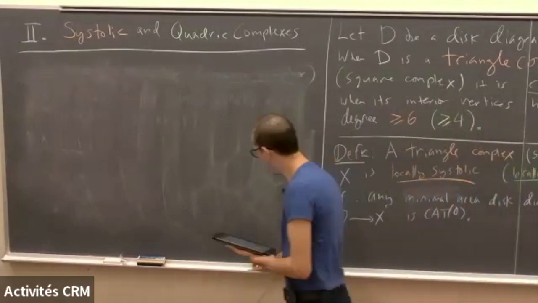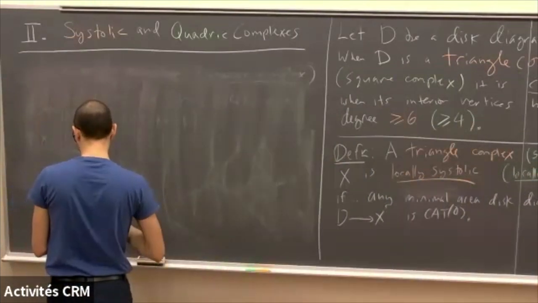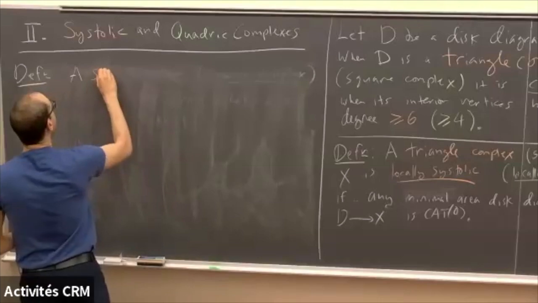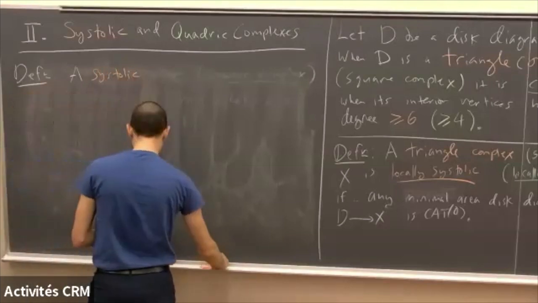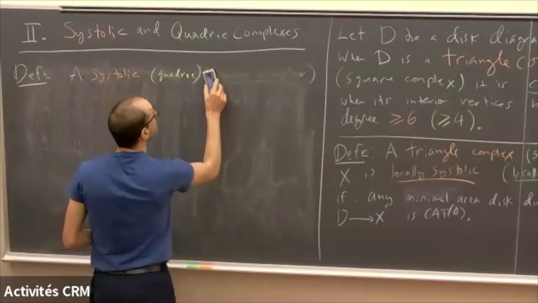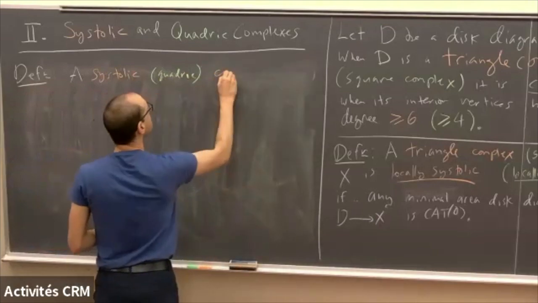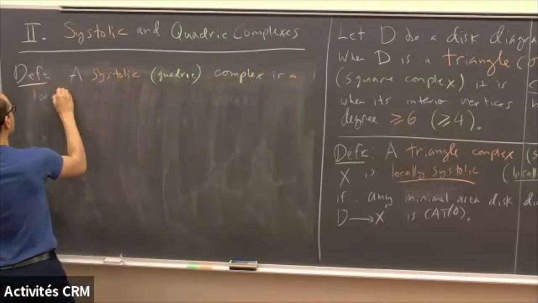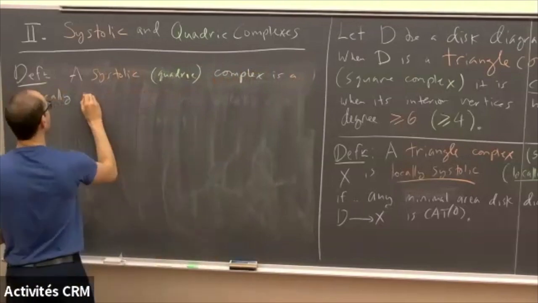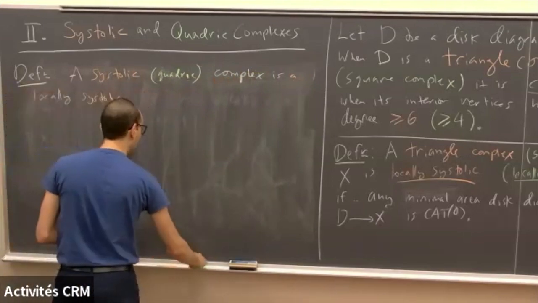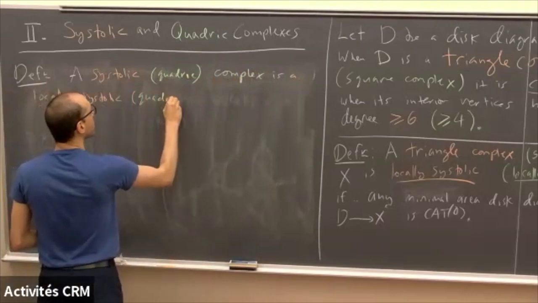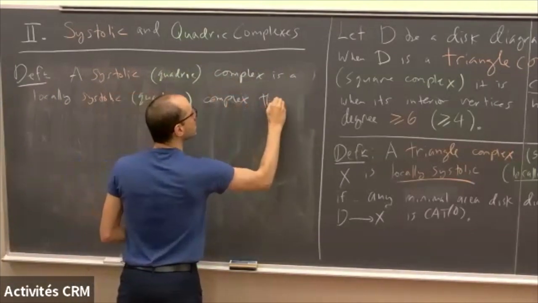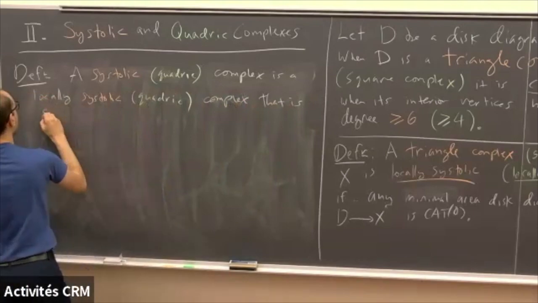All right. So that's what the local definitions are. Now, a systolic, respectively quadric, complex is a locally systolic, respectively quadric, complex that is simply connected.